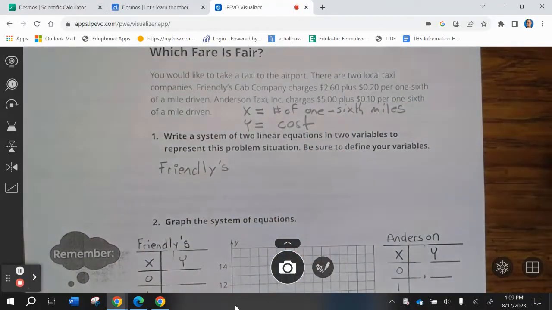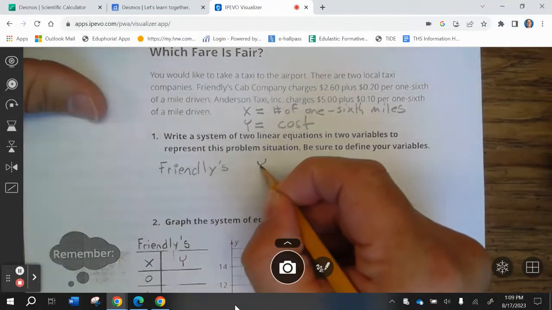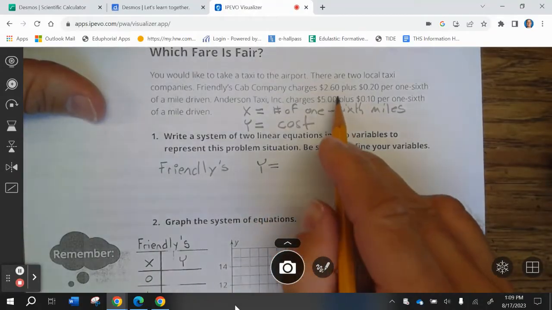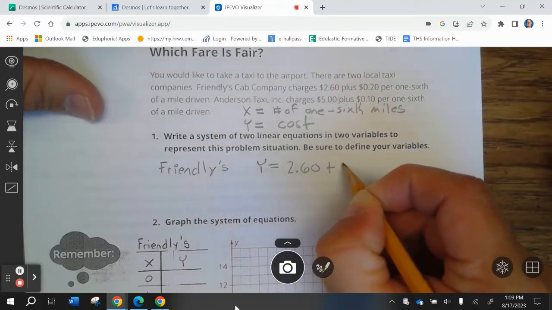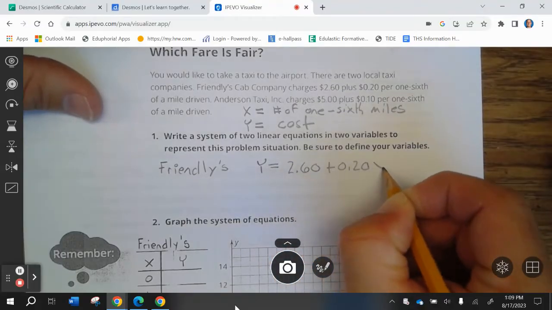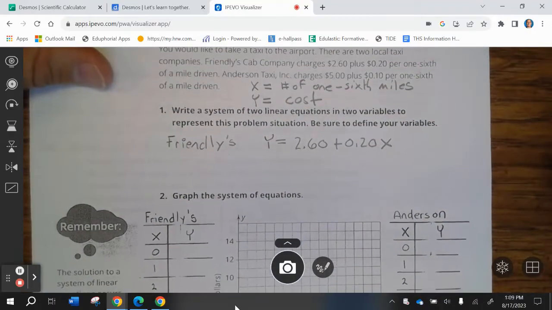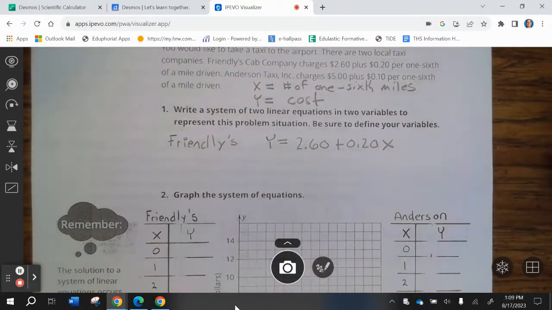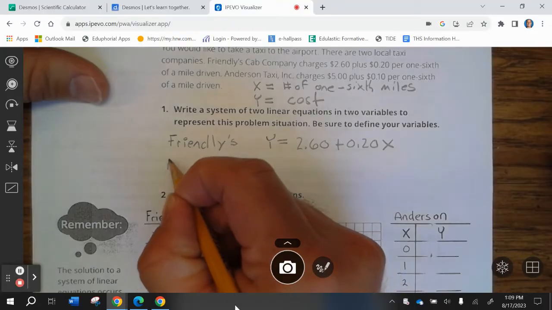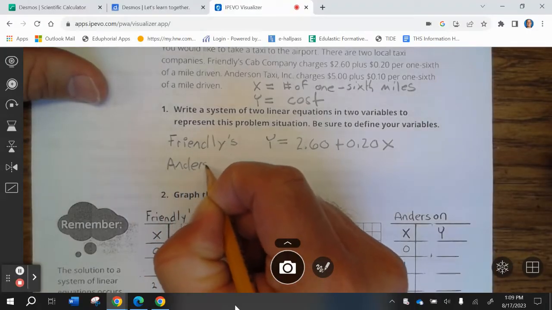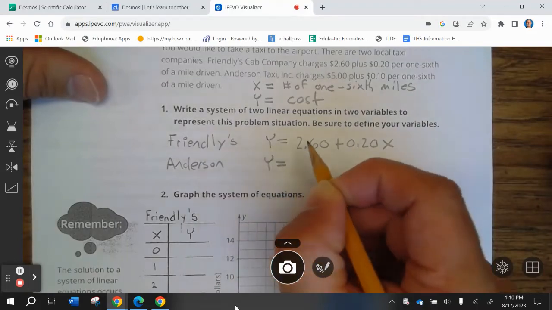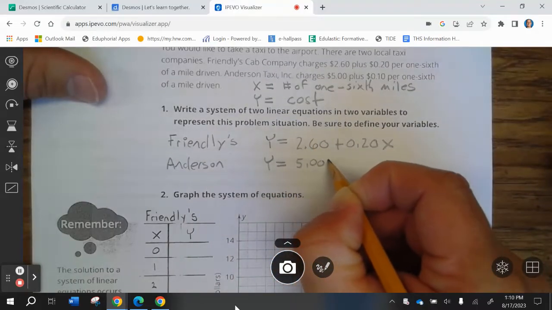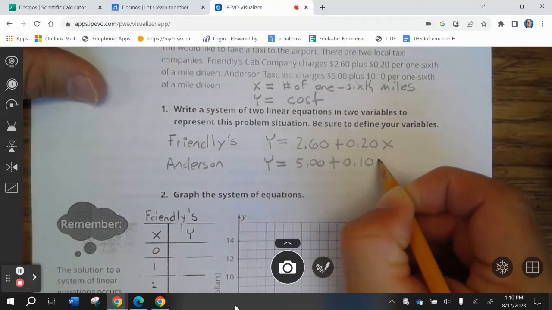Okay, so we know y, our cost, is equal to, for Friendly's, $2.60 plus 20 cents per mile. Okay, so now let's talk about Anderson. So we know y equals, in this case, $5 plus 10 cents per mile.